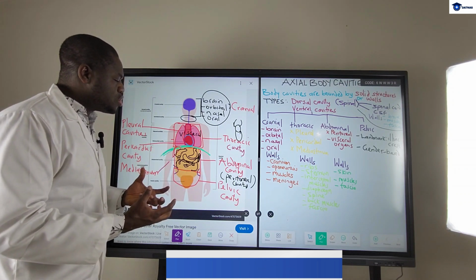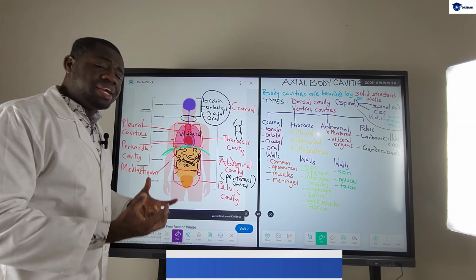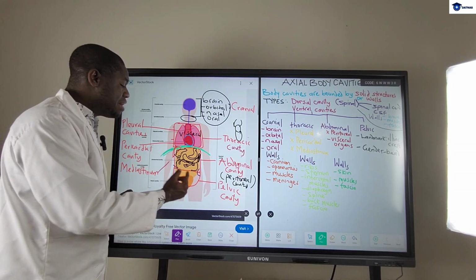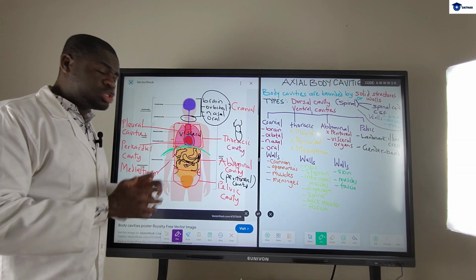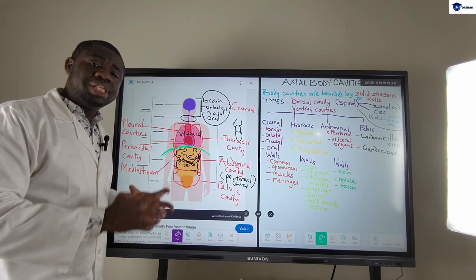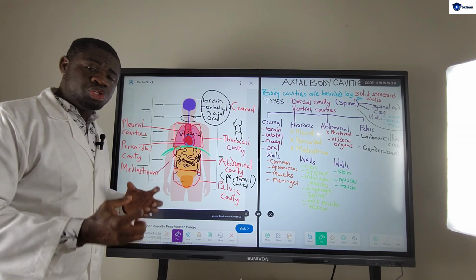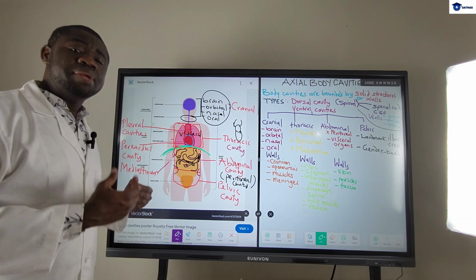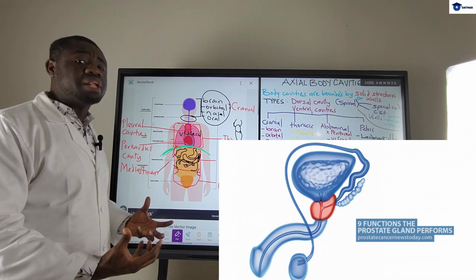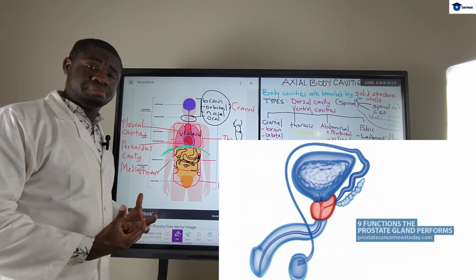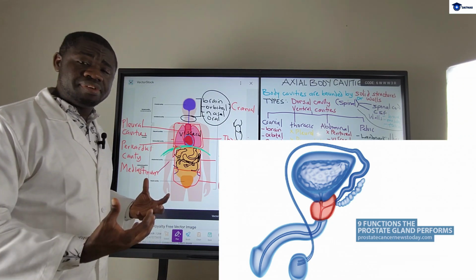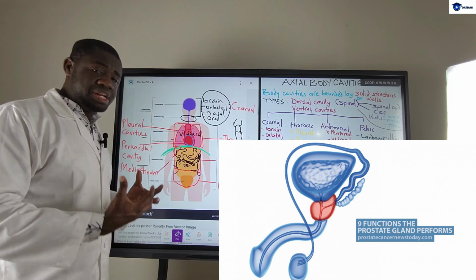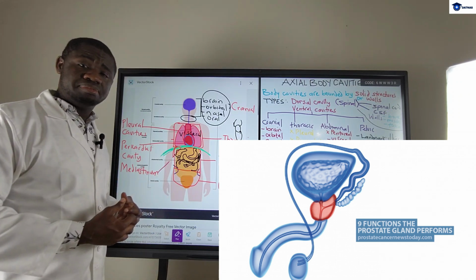What are the structures that you can find within the pelvic cavity? The structures can be gender-based, such as, for instance, in men, we have the prostate gland in the pelvic cavity. We have the seminal vesicles in the pelvic cavity.